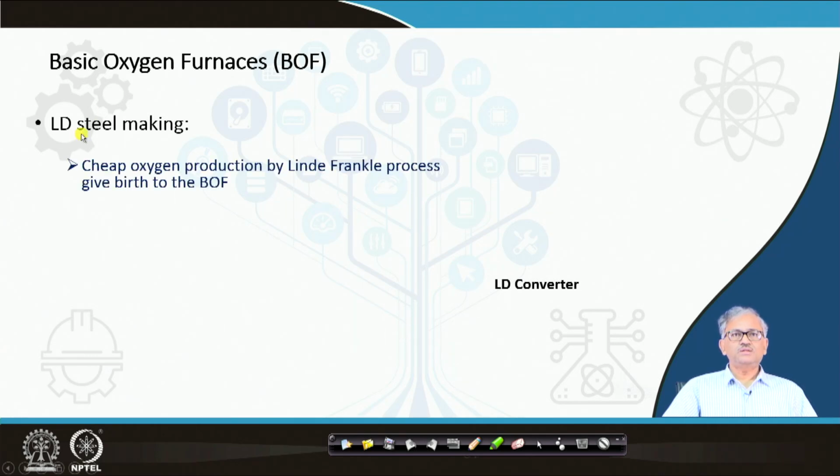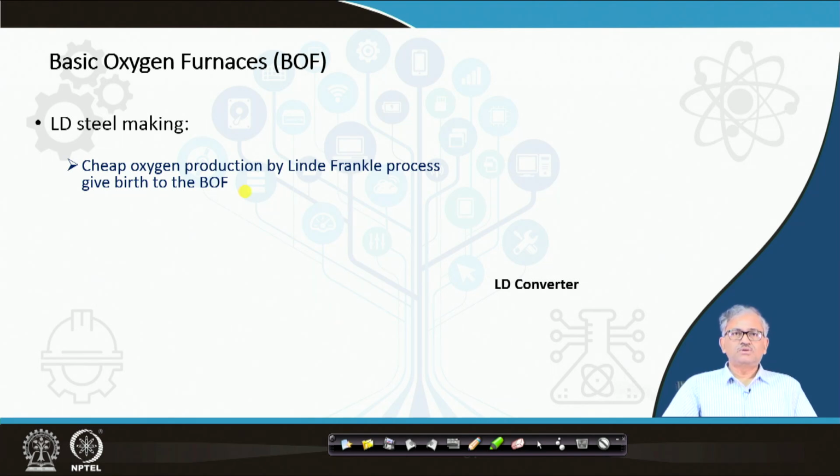So now the basic oxygen furnace. Oxygen first came into the picture when cheap oxygen produced by the Linde-Frankel process gave birth basically to the BOF process, because the Linde-Frankel process brought very cheap oxygen. From air they could separate the oxygen in a cheap way.